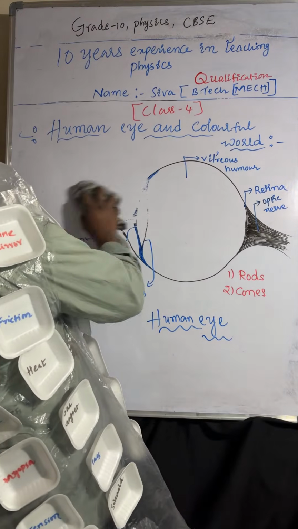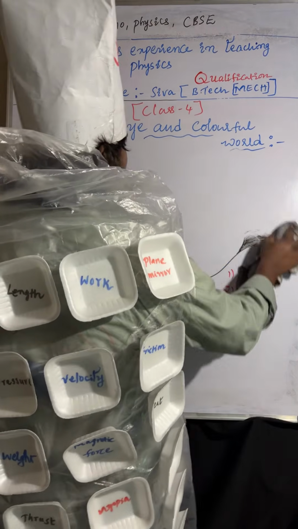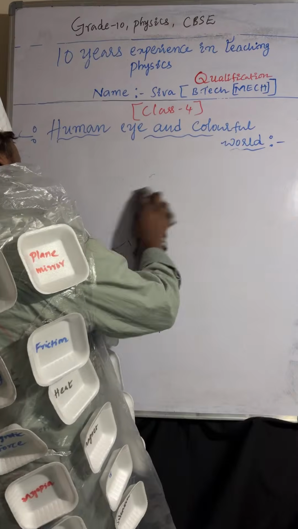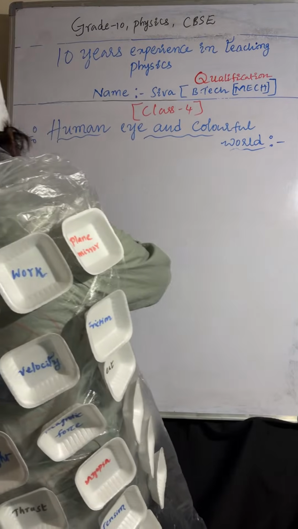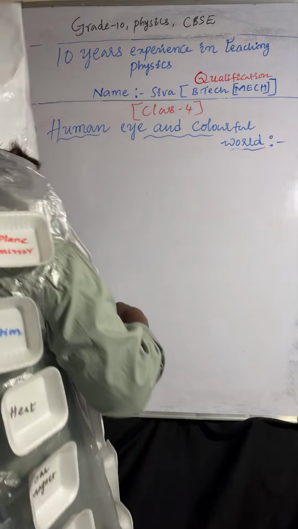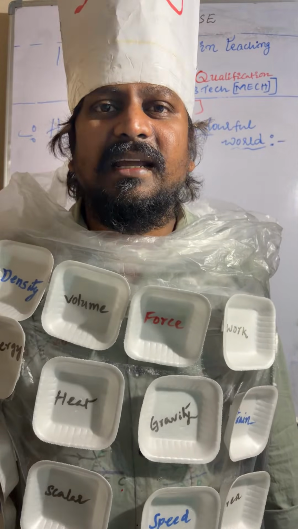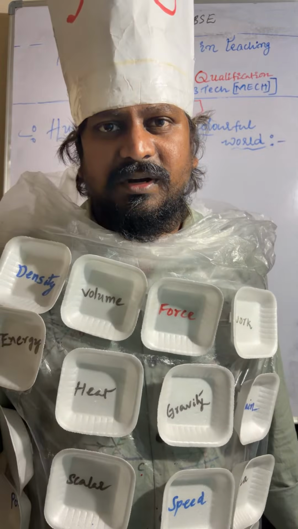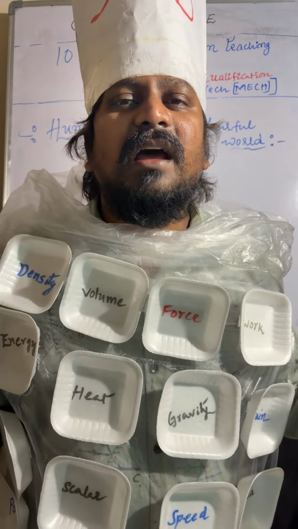The minimum distance up to which a person can see clearly without any strain is called the near point. Near point is nothing but that minimum distance, which is 25 centimeters for a normal healthy person.